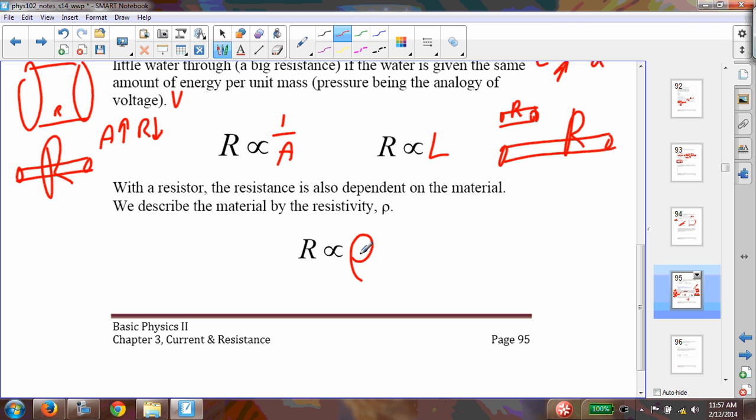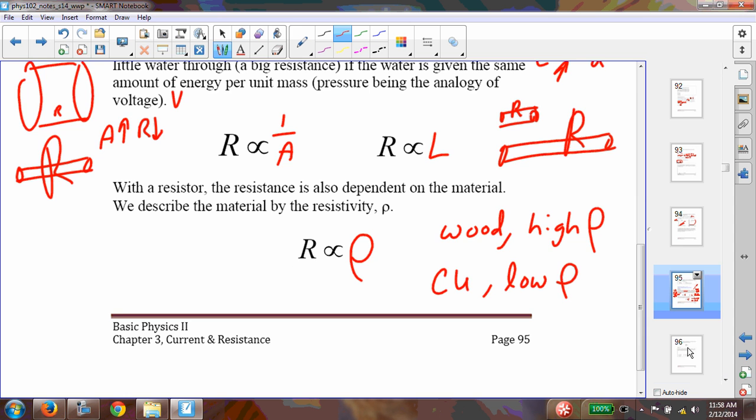Some things have a high resistivity, like wood, for example. Some things have a very low resistivity, like copper. Materials with a high resistivity have a lot of resistance, and materials with a low resistivity don't have much resistance at all.